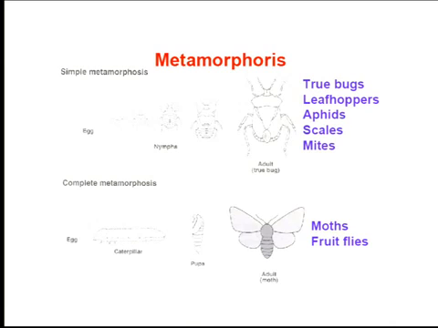But this caterpillar, look at how different it is from the adult. So it goes from egg to caterpillar, pupae, and then the adult moth or butterfly. Very different. Those are more complete metamorphosis.